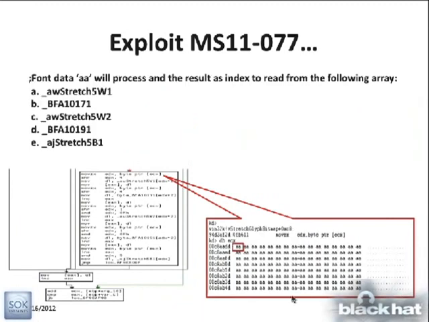The font data AA will be used as an index to read the contents from the following arrays, and a total of 5 arrays will be used, which are, the first is AW stress 5W1, and the second BFA10171, and so on.